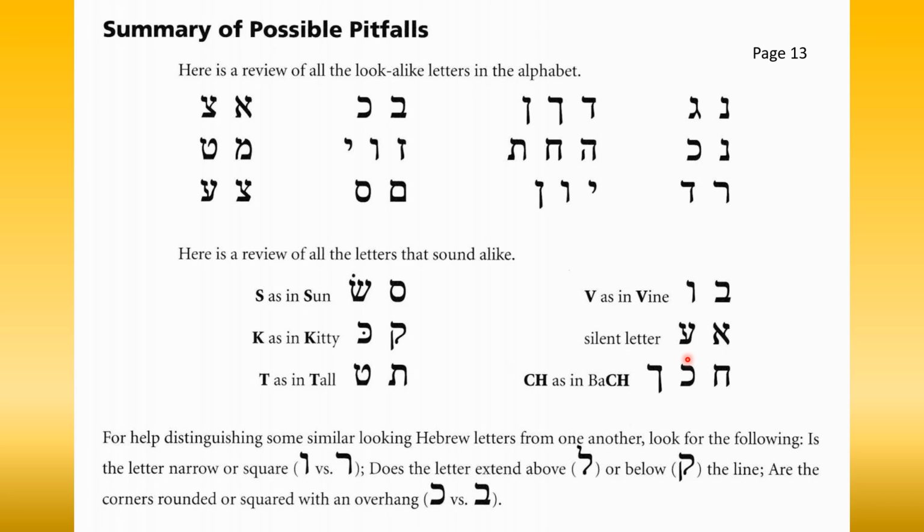Think of the city Sodom and Gomorrah. Gomorrah actually starts with an ayin, so that's where the G comes from. It's a very back of the throat guttural G, and almost an NG sound. Gomorrah or Gaza. And of course, the aleph is silent.